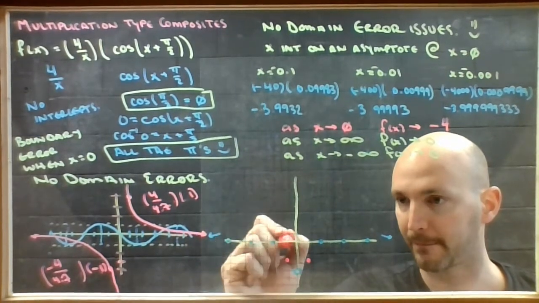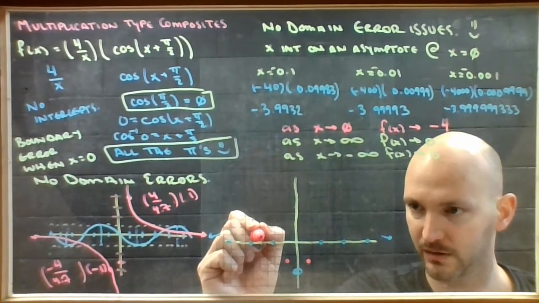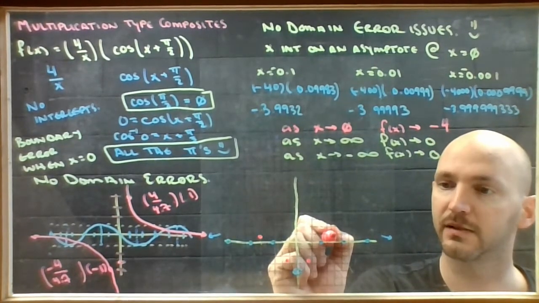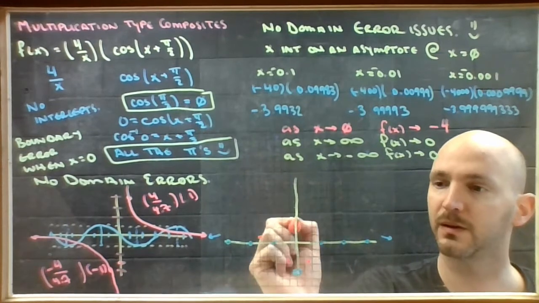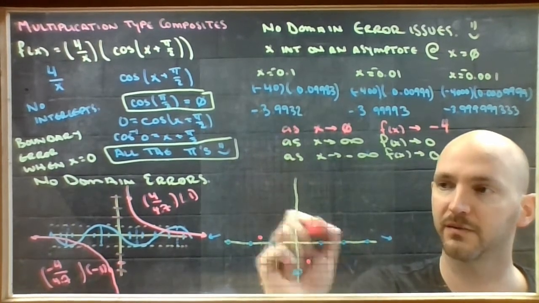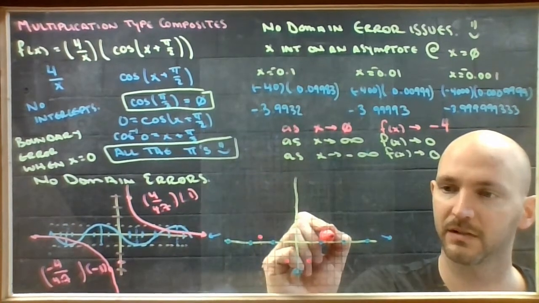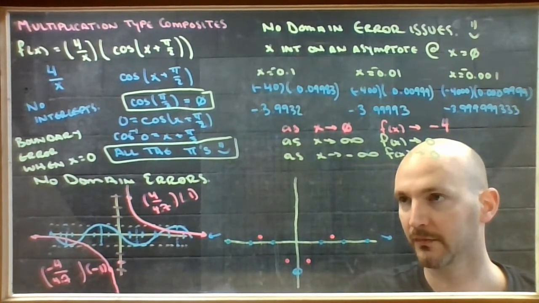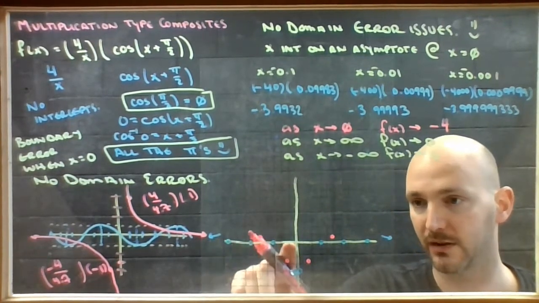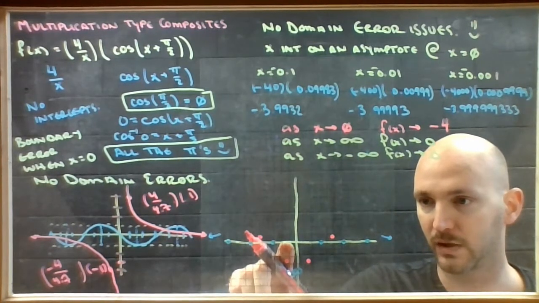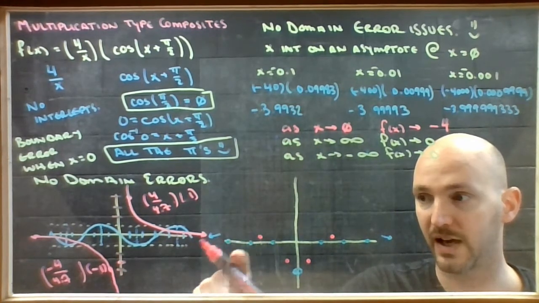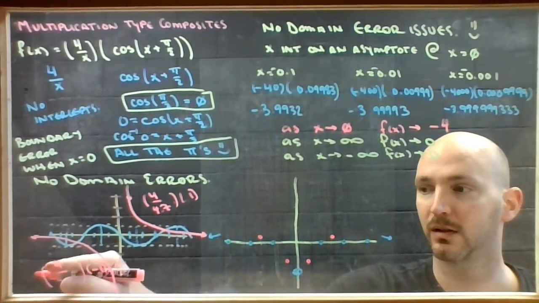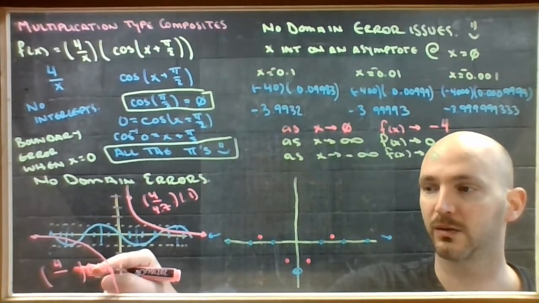Pi over 2 is here. And on this side, it's the same thing. Positive, yep, positive times positive. Be about like that. And the next spot I've got out here is 1, 2, 3, 4 is 5 pi over 2.